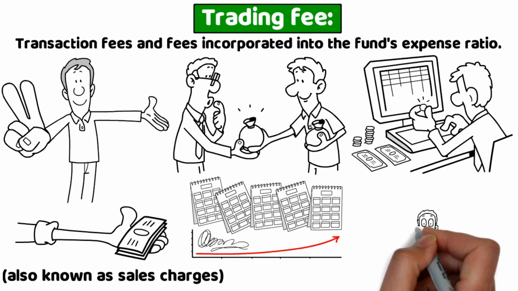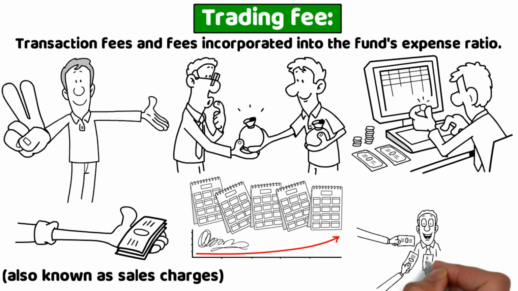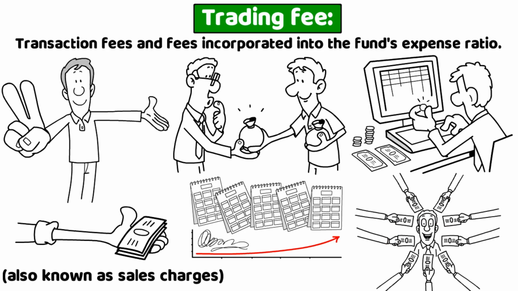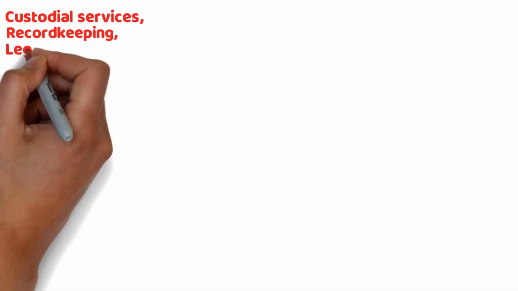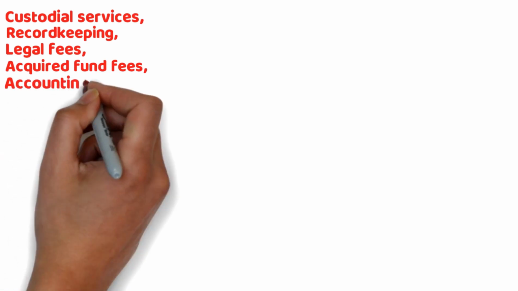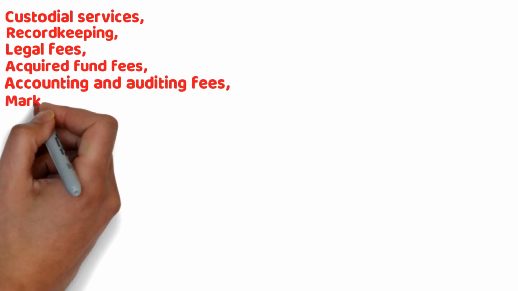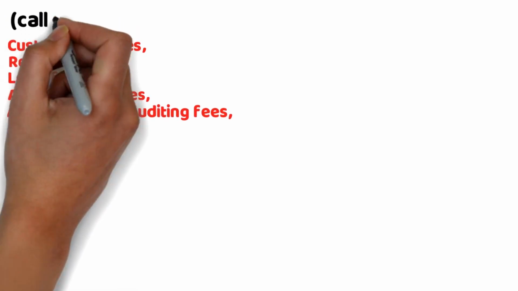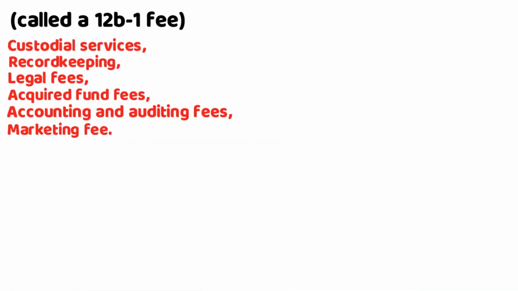The fee paid to the fund managers, or the management fee, typically makes up the largest and most unpredictable portion of these costs. Custodial services, record keeping, legal fees, acquired fund fees and expenses if the fund invests in other funds, accounting and auditing fees, or a marketing fee are some other components of these running costs, called a 12b-1 fee.